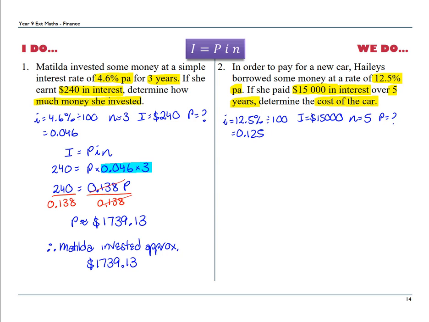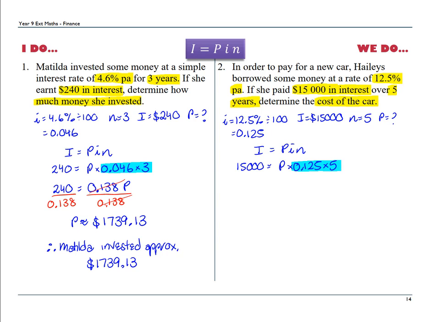So let's write our formula. I equals PIN, substitute in what we know: 1,500 equals our principal multiplied by our interest rate multiplied by our number of years. Multiply our interest by the number of years.